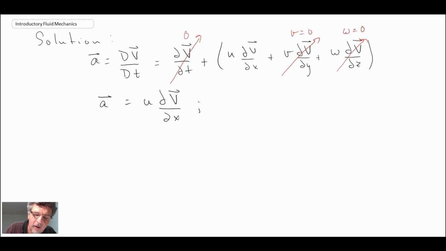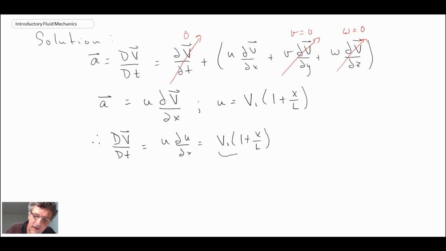If you recall our expression for velocity, I will sub that in, and what we then obtain is u, multiplied by du dx.